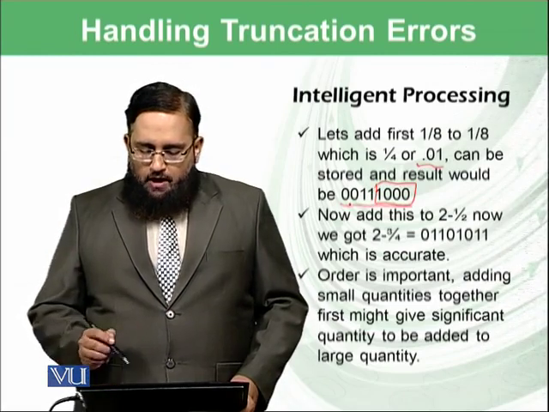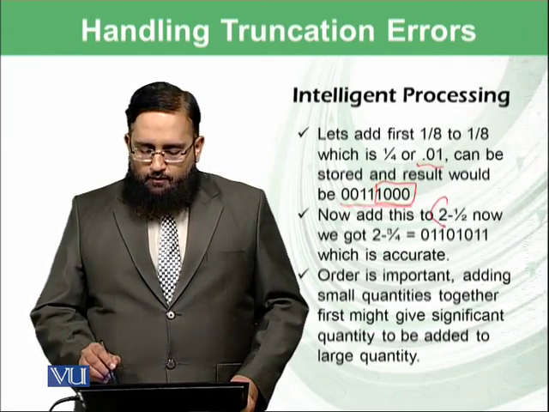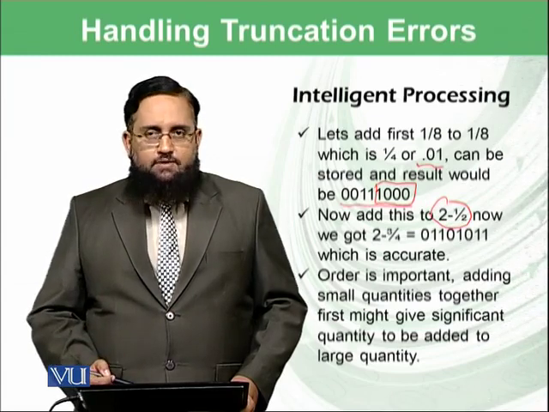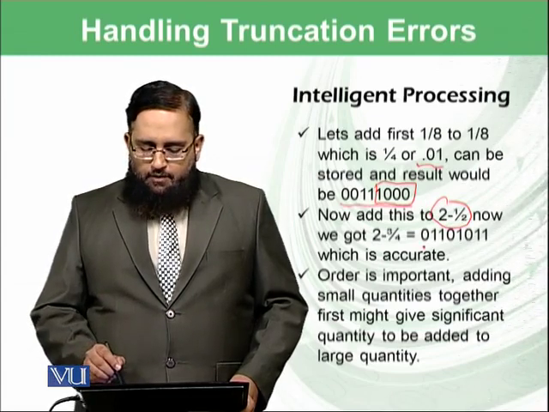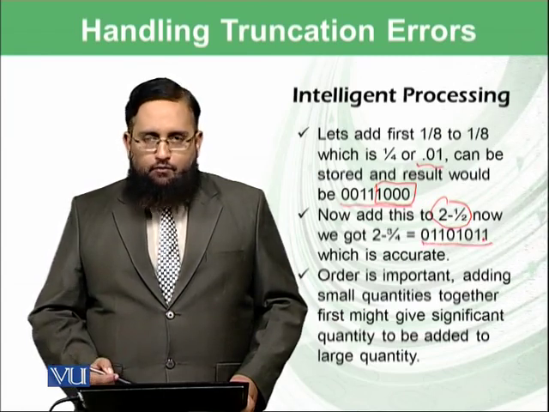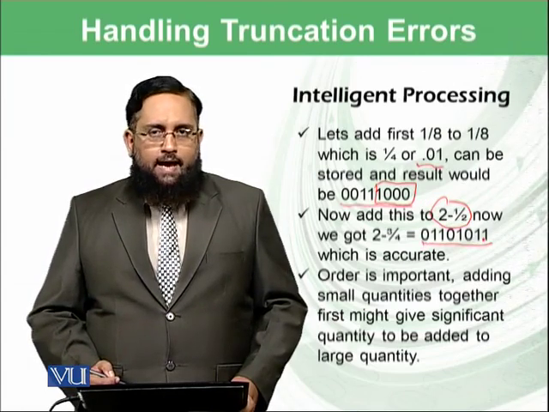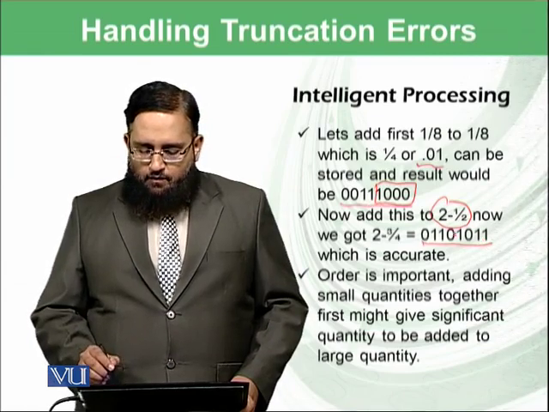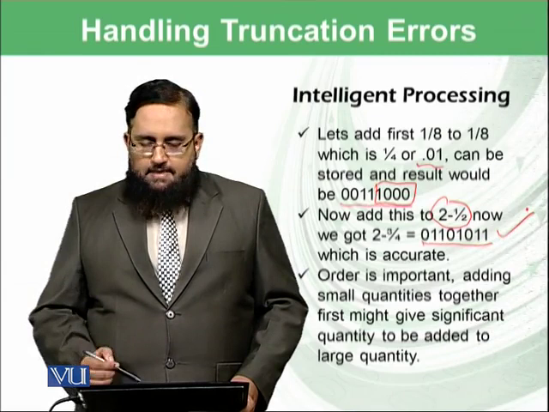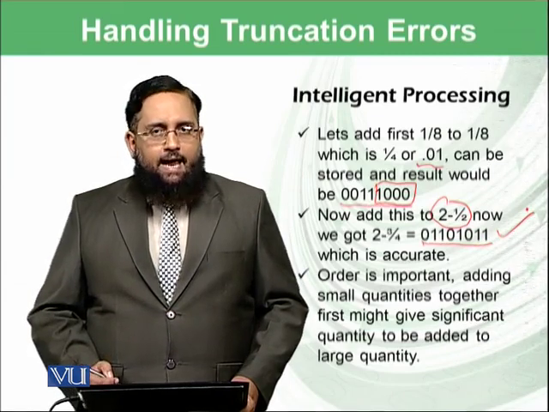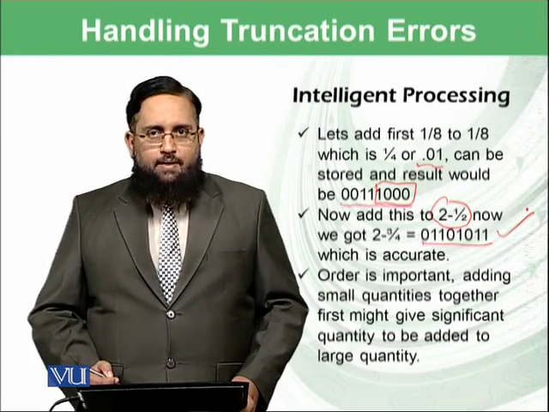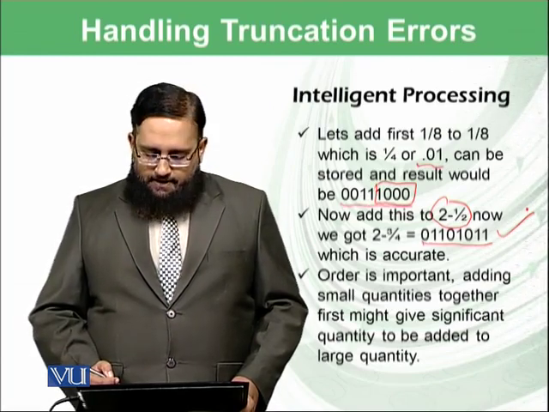Now if we add 2 whole 1 by 2 to this number, 1 by 4, we are able to store the result in the form of 2 whole and 3 by 4. So this number is 01101011. This is the right number, which actually accurately represents 1 by 2 plus 1 by 8 plus 1 by 8 added to 2.